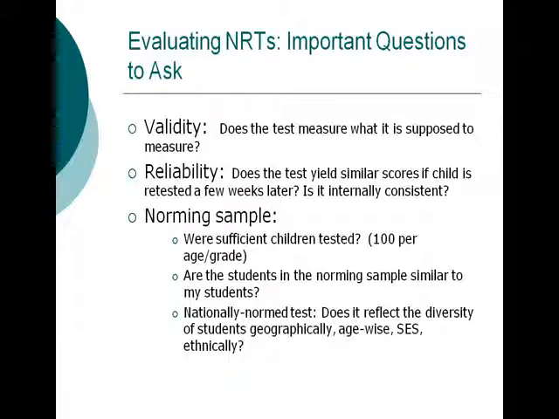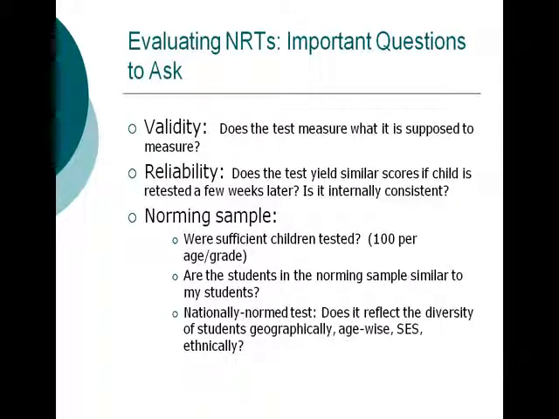They'll make sure that they have kids from low income, middle income, high income, that they have a similar percentage of Hispanic and black and white and Asian Americans. All of that will be looked at, geographic. But you should be looking for that so that they didn't just norm it on Florida, for example, or Texas, and then expect that you'd use it here in the Midwest.